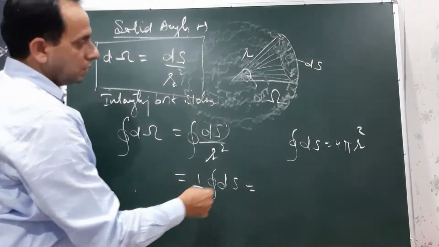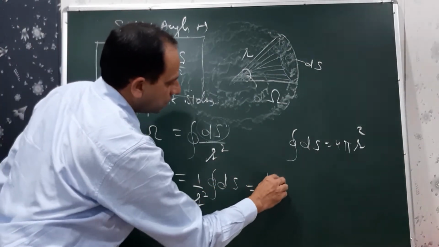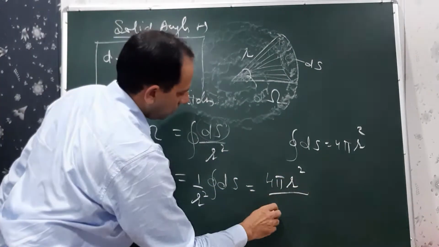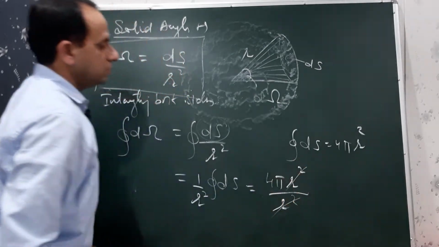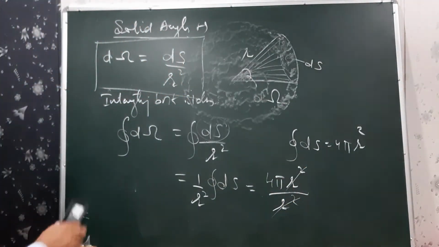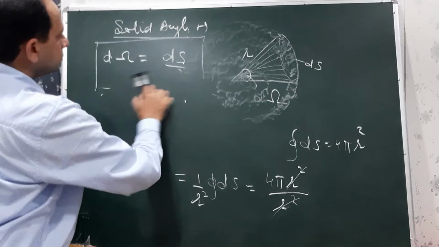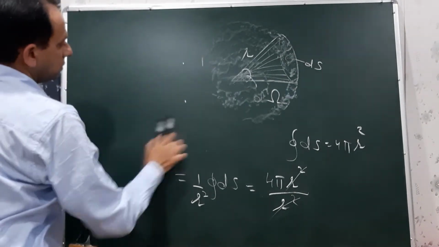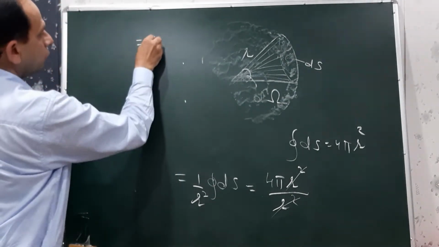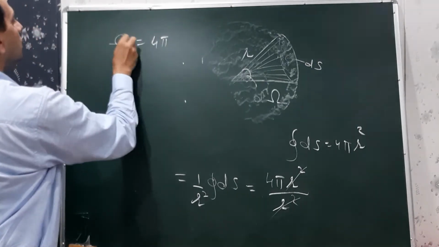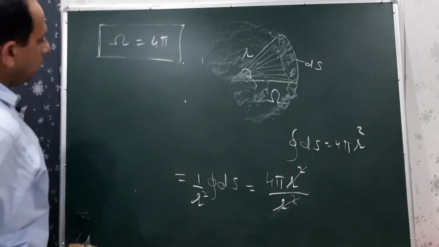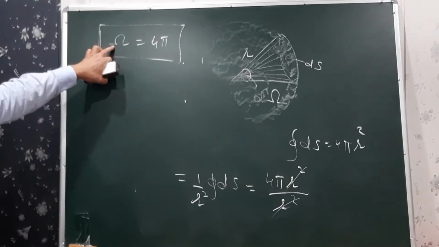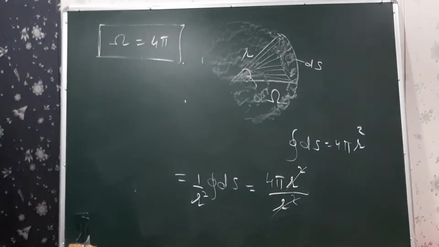So, we may put this value here, that is 4 pi r square upon r square. So, r square is cancelled out and the remaining term is 4 pi, and this one is omega, that is the integral of d omega is omega. So, omega is 4 pi.